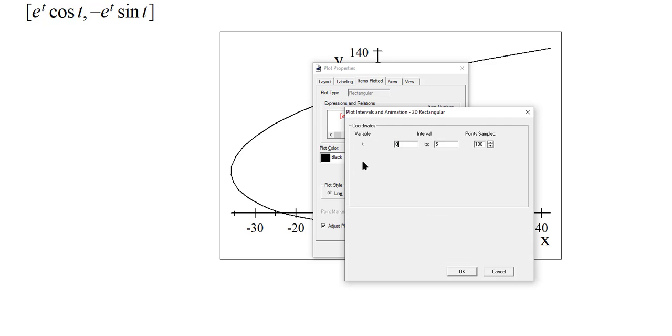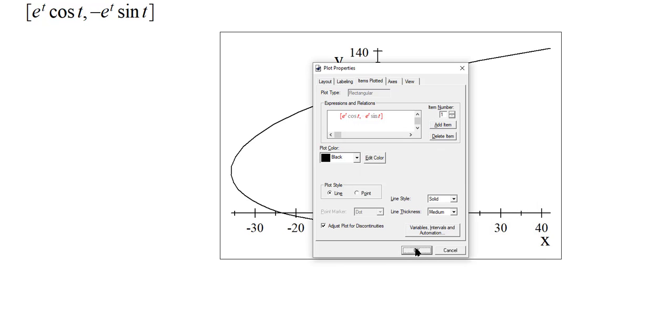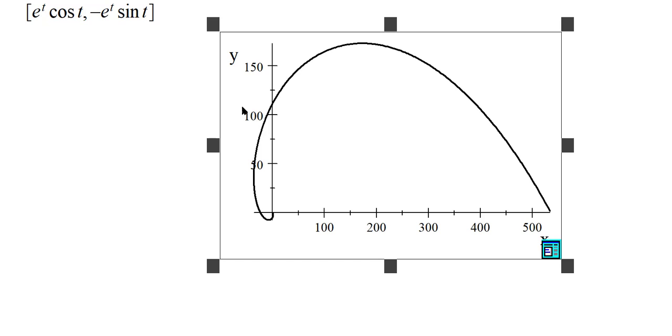For instance, if we just go from 0 to 2 pi, how would the graph look? See, from 0 to 2 pi, it starts at 1, 0, and then comes back here at 500 some, and then 0.